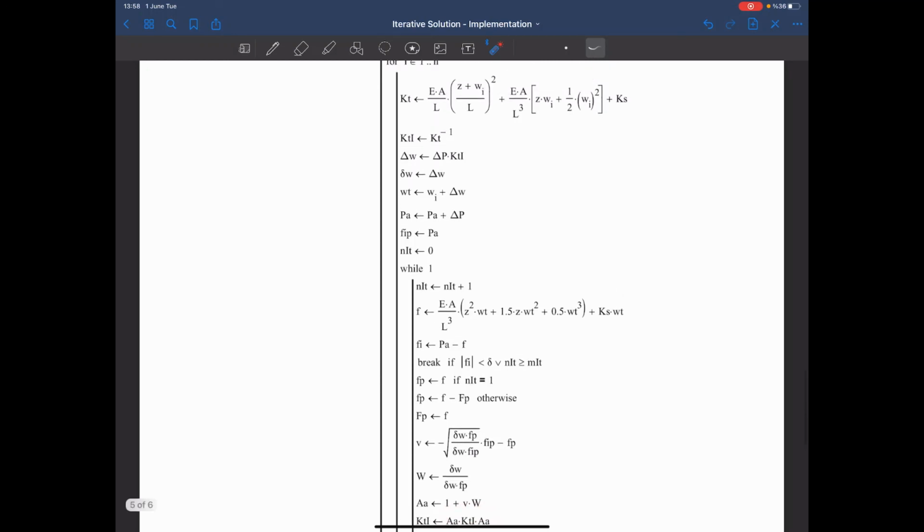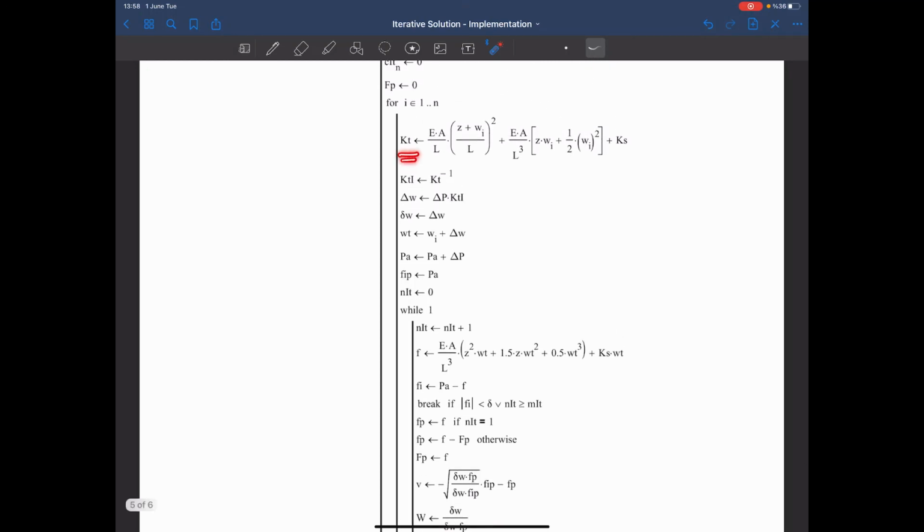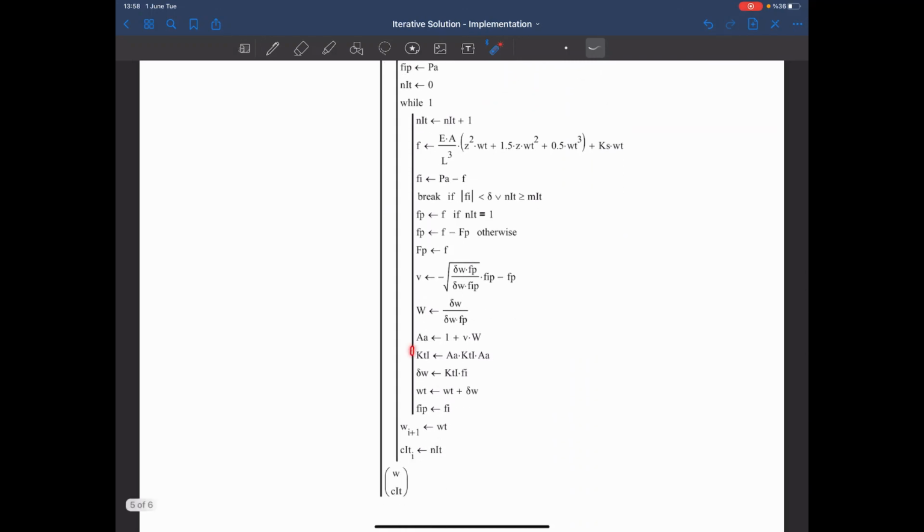So I'm calculating the tangent stiffness once at the increment, getting the inverse of it just once, and updating the inverse at every iteration. And for this update, we have a transformation matrix here that depends on the displacement and the residual force.